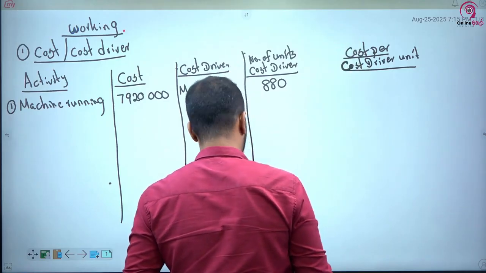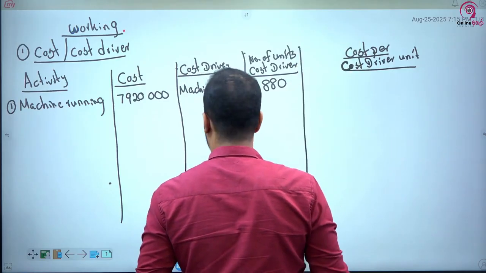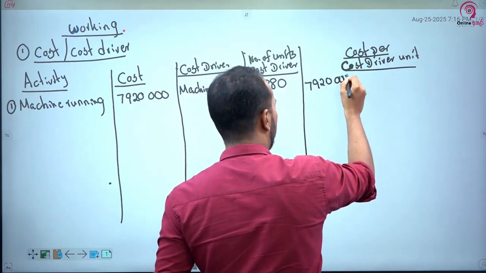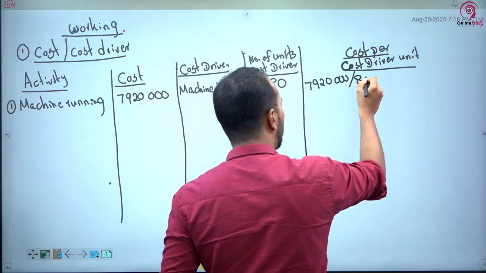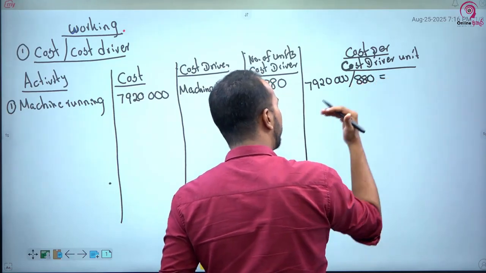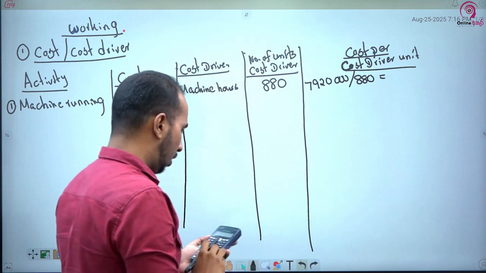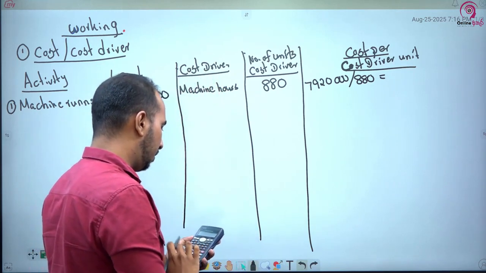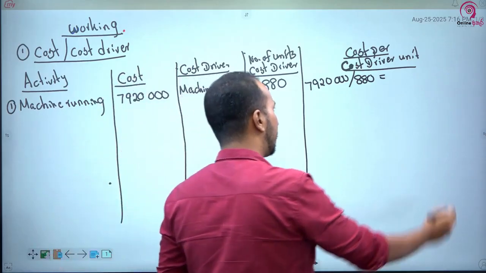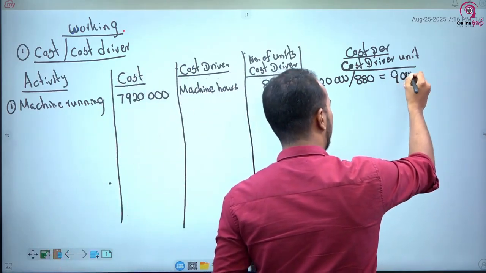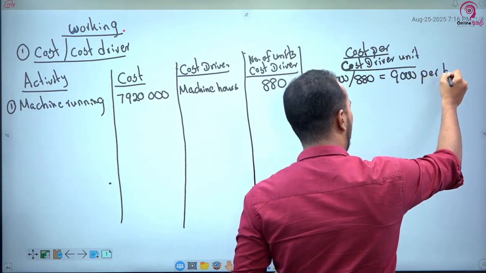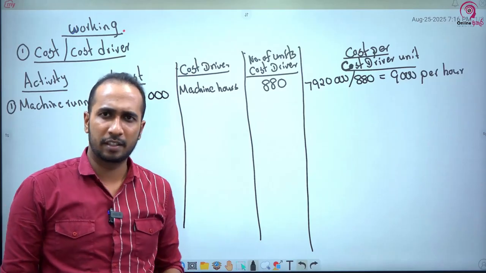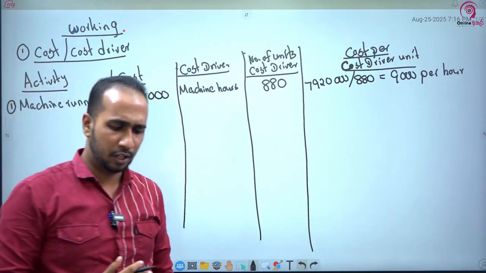So my total cost is 7,920,000 divided by the number of machine hours. Machine hour is the cost driver. So the cost per cost driver is 7,920,000 divided by 880, which is rupees 9,000 per hour. This is how we determine the machine running cost.